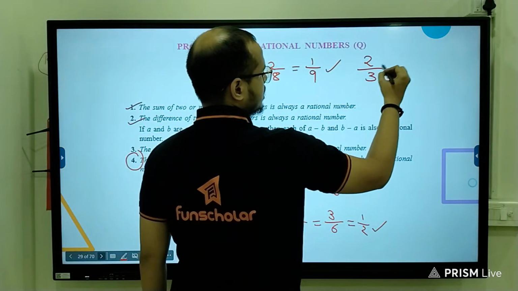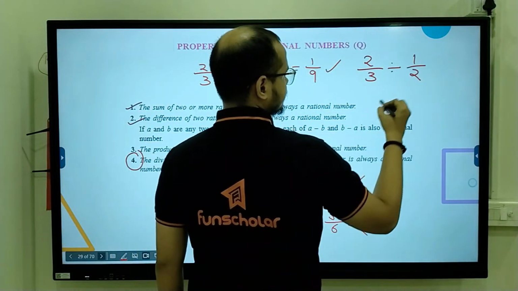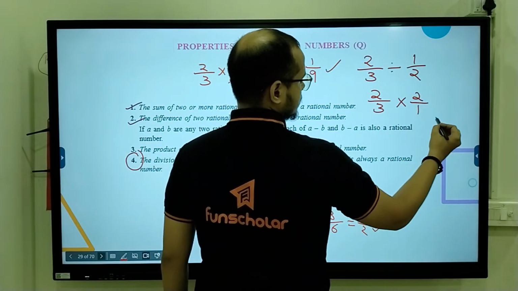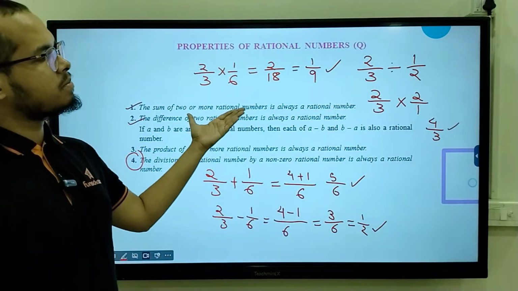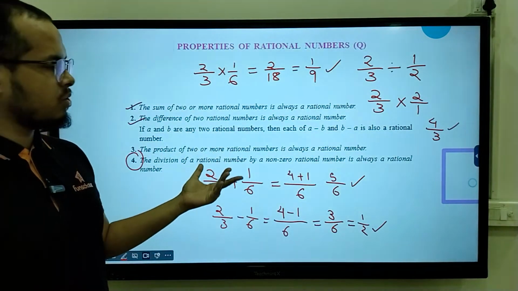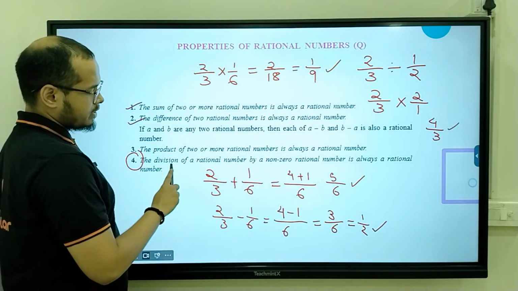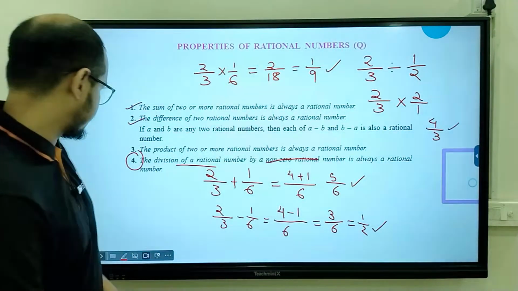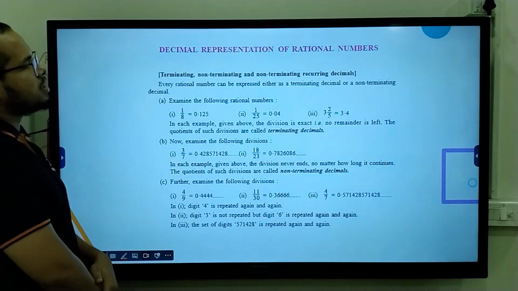So 2 by 3 divided by 1 by 2: 2 by 3 times the reciprocal 2 by 1, so 4 by 3, a rational number. If 0 is present, dividing anything by 0 will give us an undefined number. That is the reason why in case of division we always have to have a non-zero rational number.